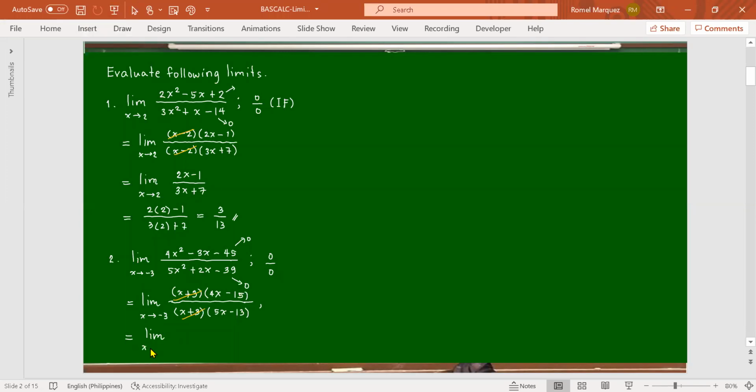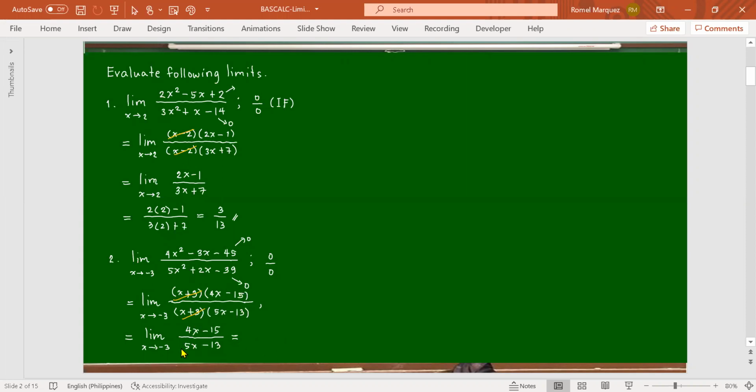So what is now our new function? Our new function is (4x − 15) over (5x − 13). Obviously the limit of the denominator is not 0 anymore, so I can now apply the substitution rule to evaluate this limit, or if you want, the quotient of limits: limit of the numerator over limit of the denominator.